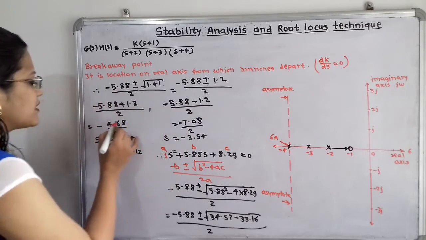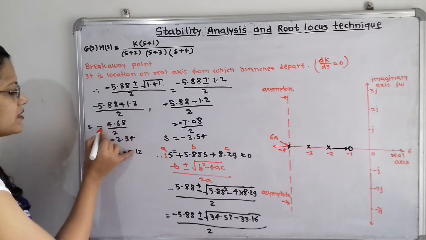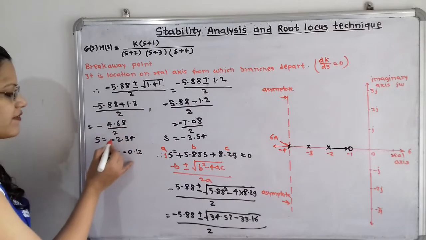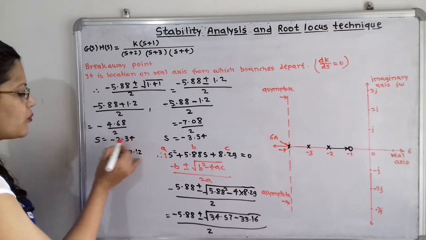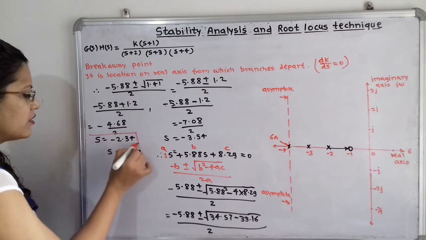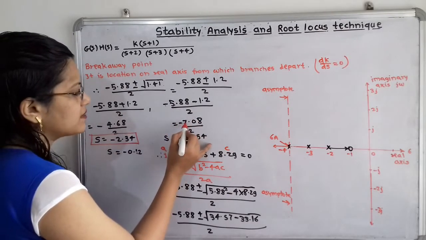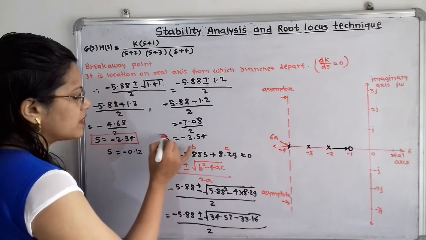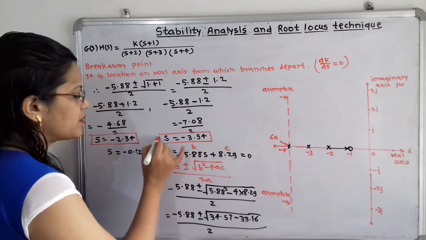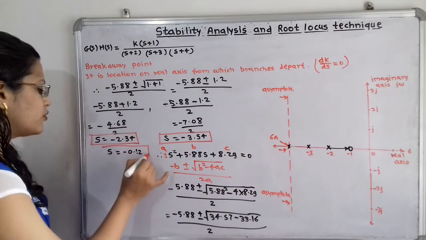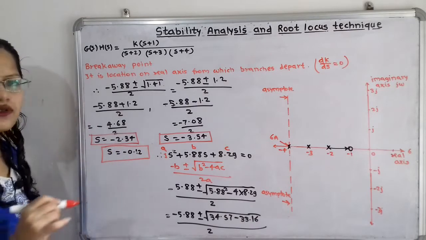If we solve this separately, the answer is minus 4.68 divided by 2, that is equal to minus 2.34. So this is one of the roots. Then next we get minus 7.08 by 2, that is s is equal to minus 3.54. So if we observe, these are the three roots.